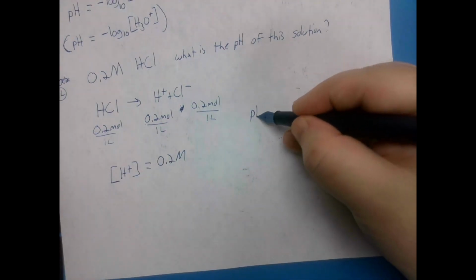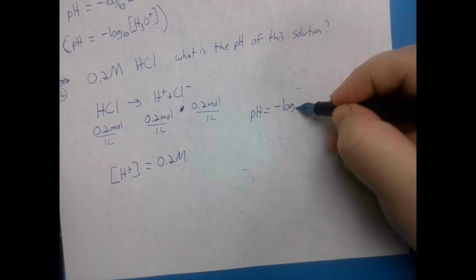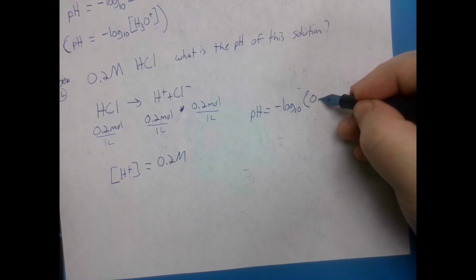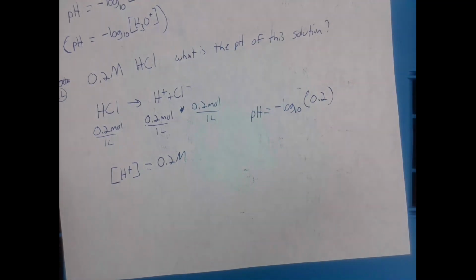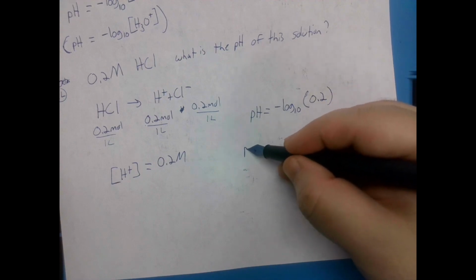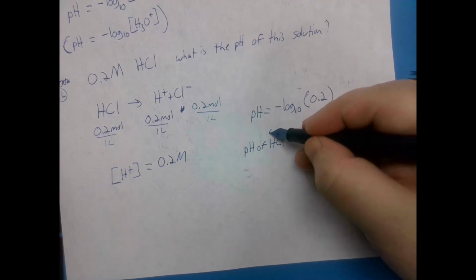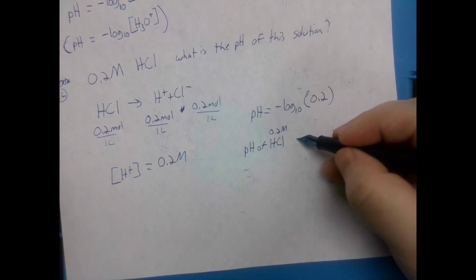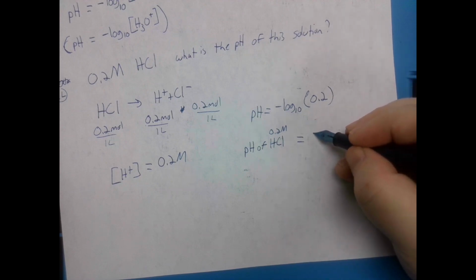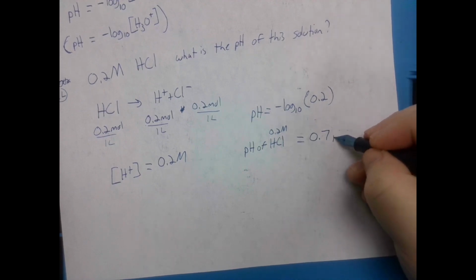So to calculate the pH, we do negative log base 10 of 0.2. And we end up with the pH of hydrochloric acid, that is a 0.2 molar solution, being approximately 0.7.